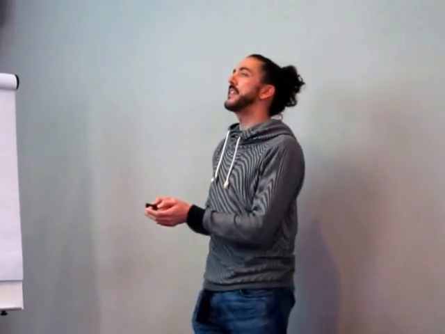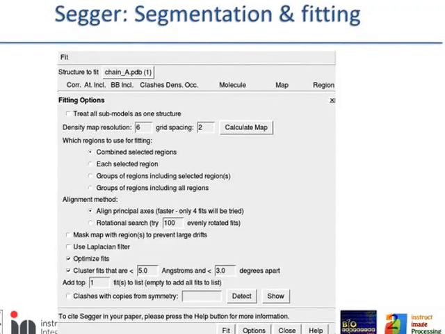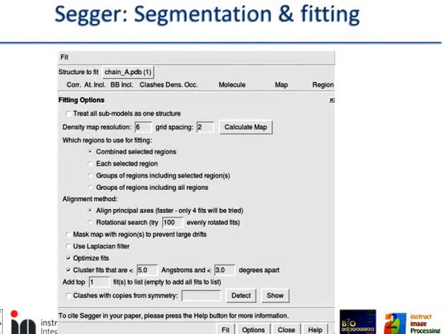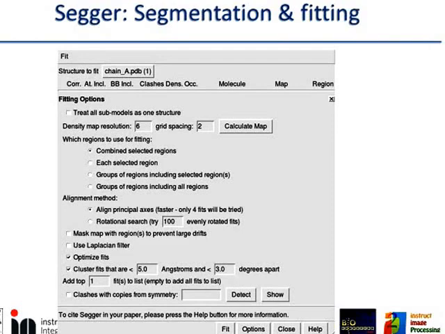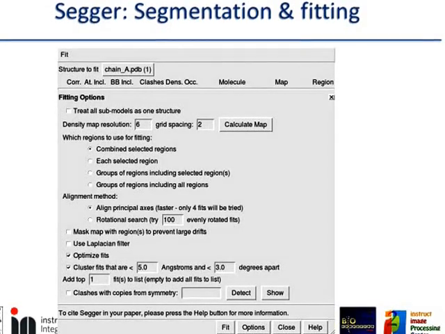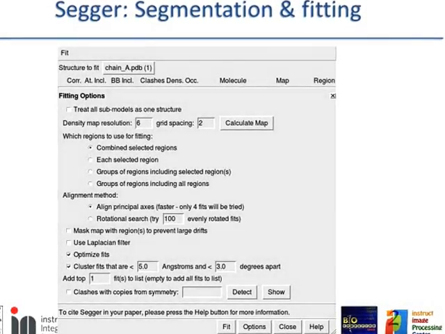And finally, this is if we are using symmetry. No, it detects, it scores the atomic clashes between the different positions of the structure.